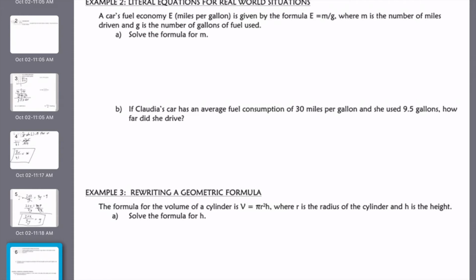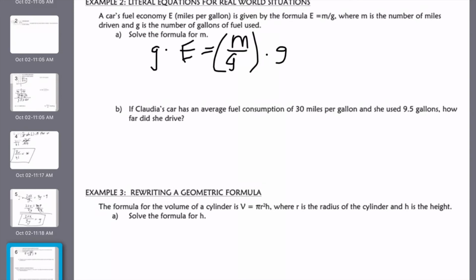Solve the formula for M. So let's write the original formula, E equals M over G. If I wanted to get rid of my denominator for G, I would multiply both sides by G, and I would be left with E times G equals M.